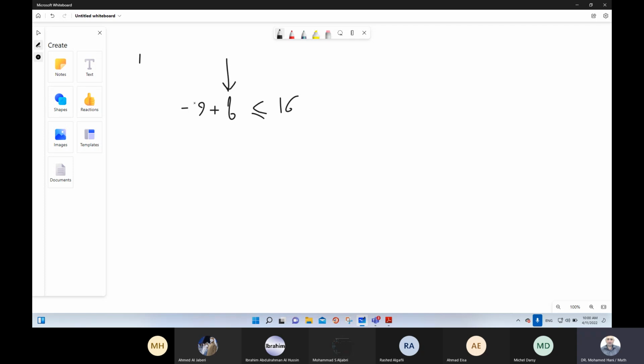So we want to remove the number. To remove it, add the inverse. We have negative 9, and the inverse of negative 9 is positive 9. So add 9 to the two sides. Now negative 9 plus 9 is 0, so we have b less than or equal to 16 plus 9, which is 25.